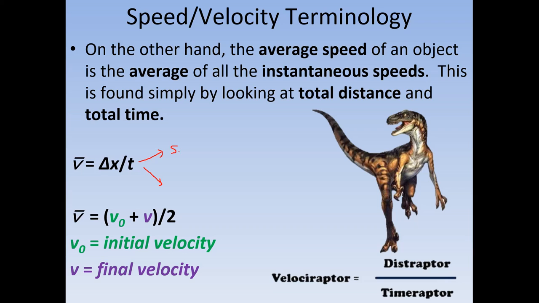If we're using this to find speed, and I'm going to call this average speed, so I'm going to put a bar up here, then I have to make sure that the x in this equation is representing distance divided by that time. If, on the other hand, I'm using this equation to find an average velocity, then the x in this equation represents displacement over time.